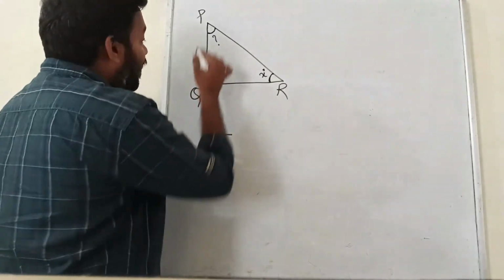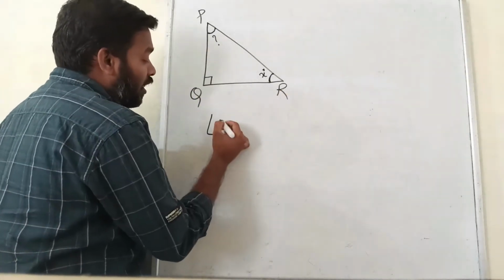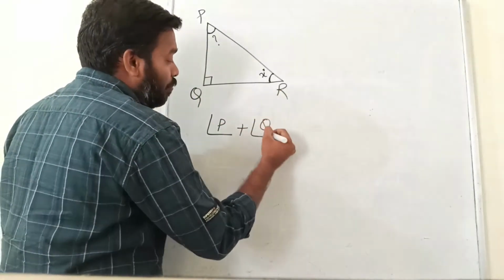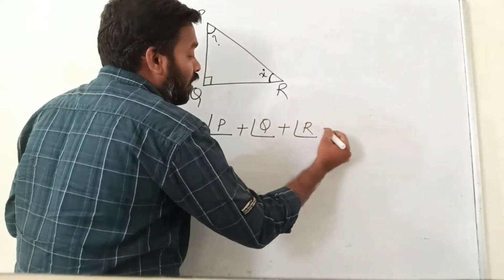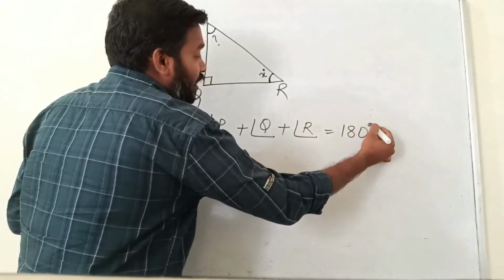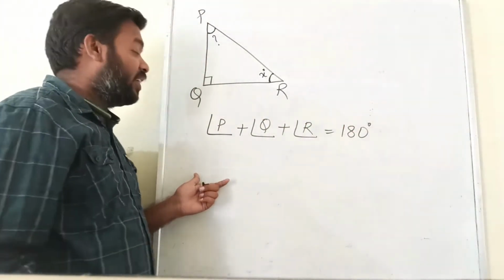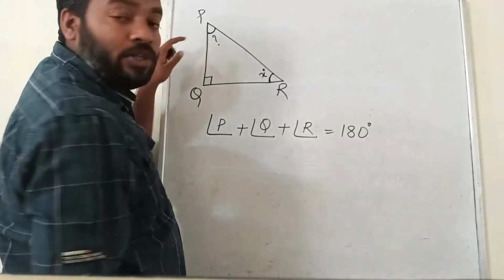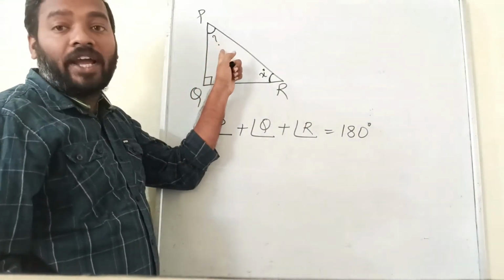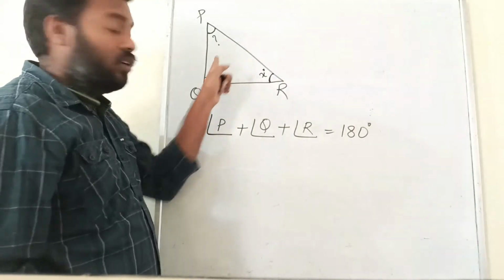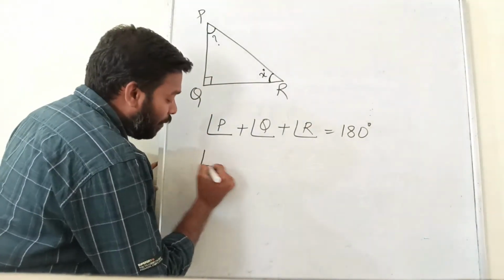That means here we have angle P, angle Q, angle R. If we add these three, we need to get 180 degrees. What is angle P? We need to find that out. We don't know the value of angle P, so I am writing angle P as it is.